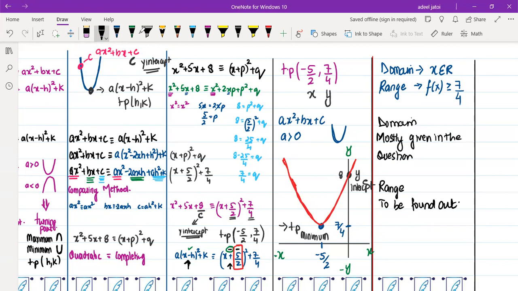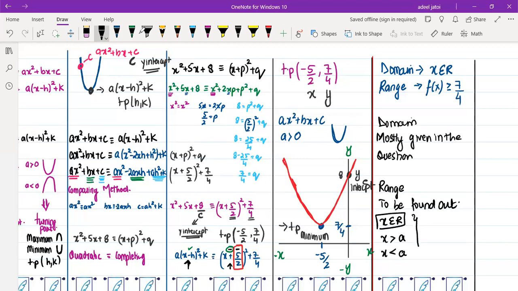Now, this range applies when the question says x is an element of all the real numbers, or in generalized form when the question gives me a set of values as an inequality. It could be greater than a or less than a.